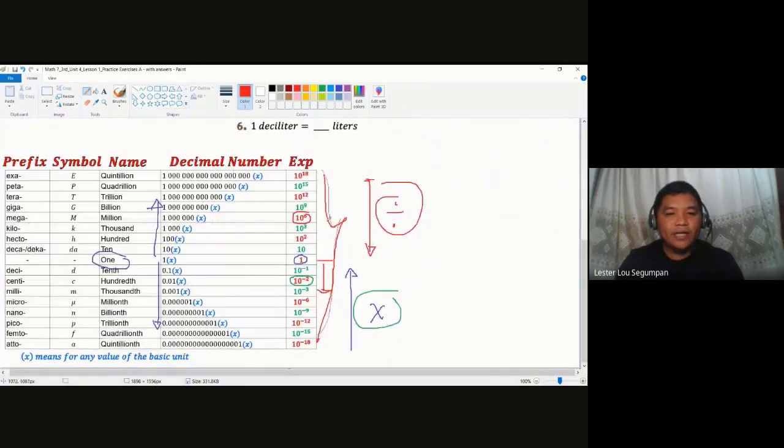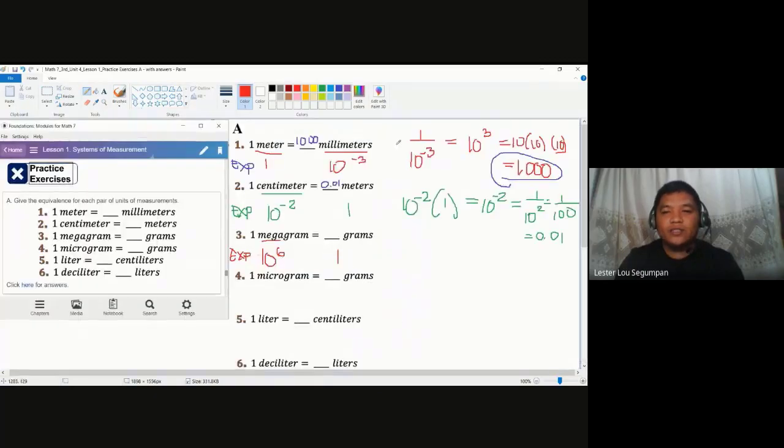We are converting a higher level to a smaller level, so we are going to use division. So you have 10 to the power of 6 over 1, which is 10 to the power of 6. This is equivalent to a value with 6 zeros. In short, there are 1 million grams in 1 megagram.